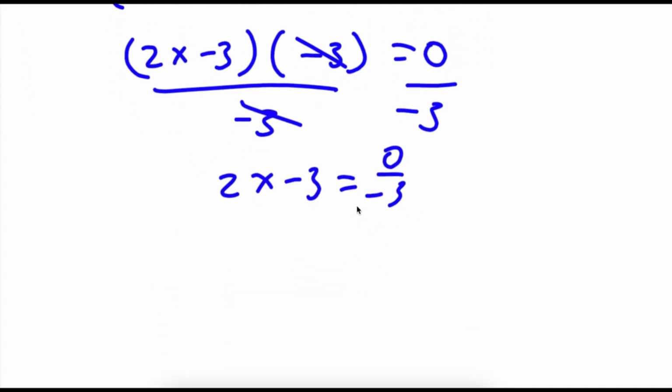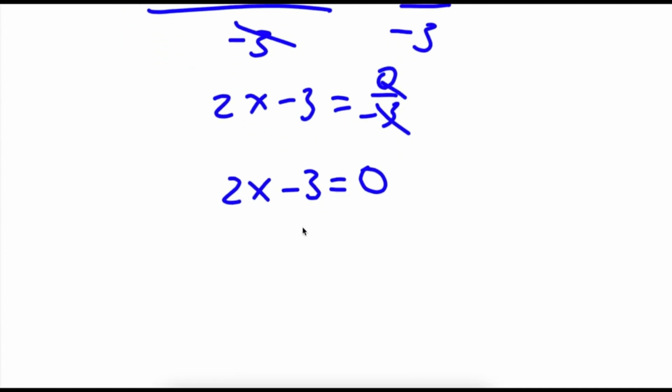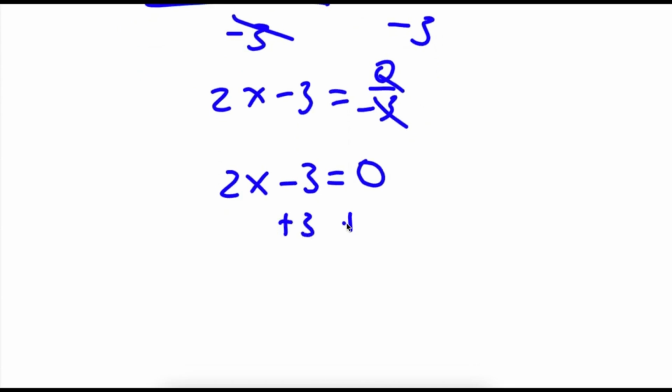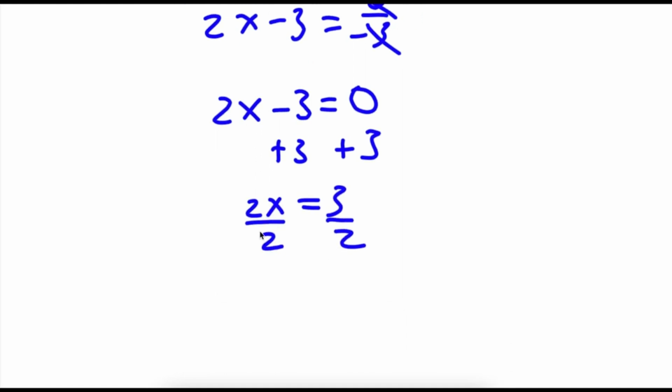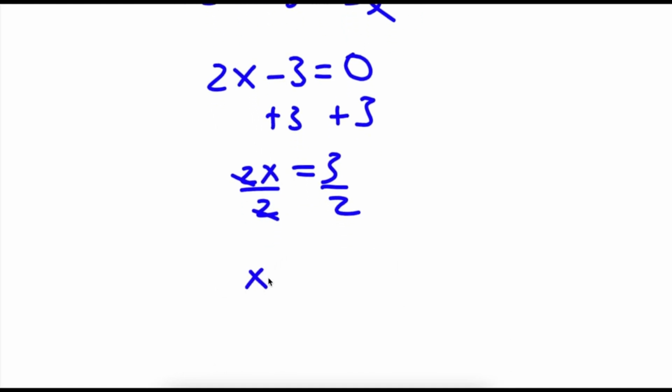Now 0 divided by any number is 0, so I simply am left with 2x minus 3 is equal to 0. Now, if I add 3 on both sides, I get 2x is equal to 3. Now I can divide by 2 on both sides, so then these two cancel out, and I'm left with x is equal to 3 over 2.